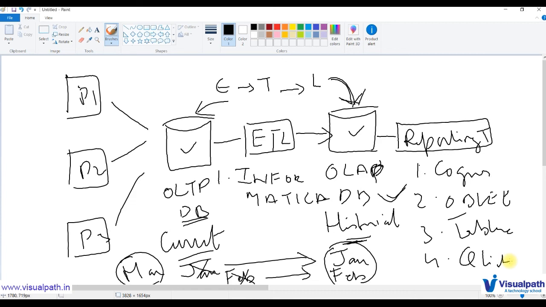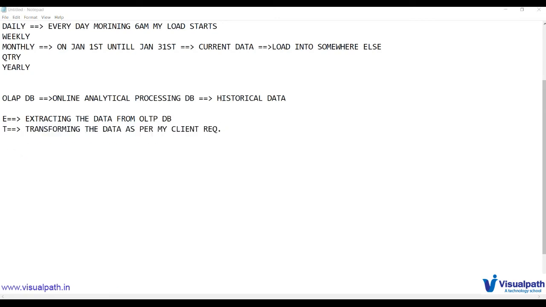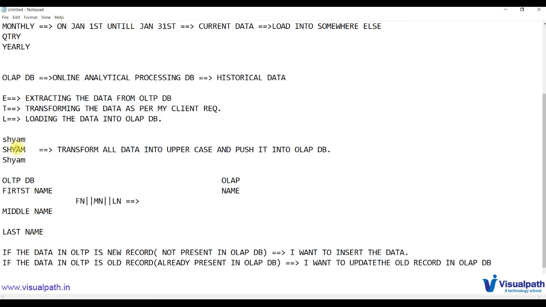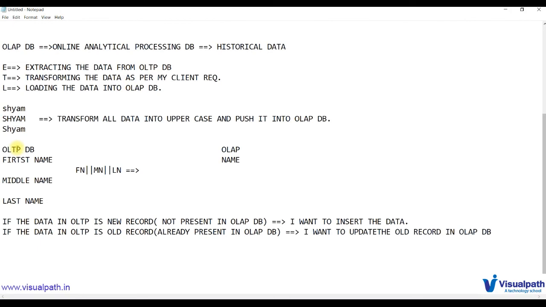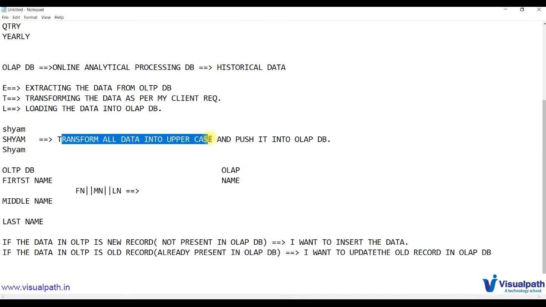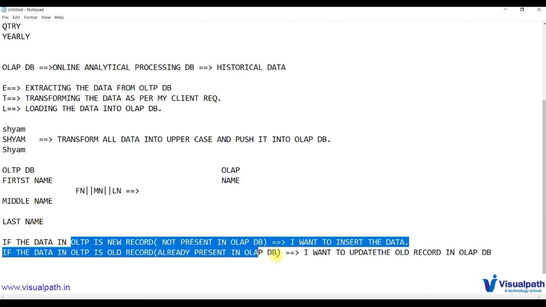Based upon the requirement, just as an ETL developer gets a requirement, like when I have data like this, I want to convert all my data to uppercase, or when I have 3 different columns here, I want to send them to only one column, or this is the main business requirement.